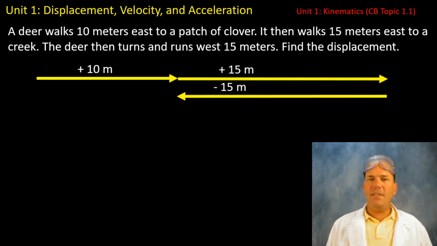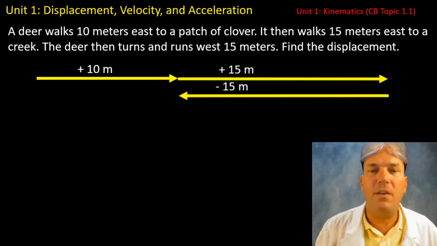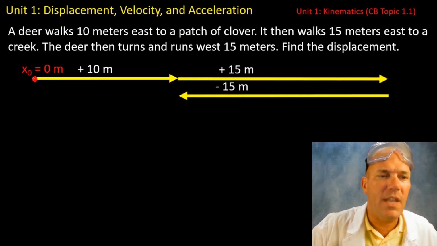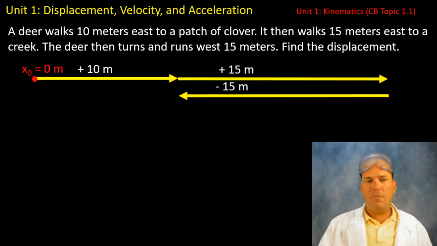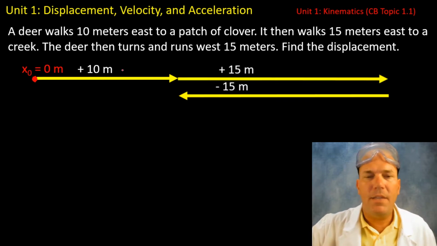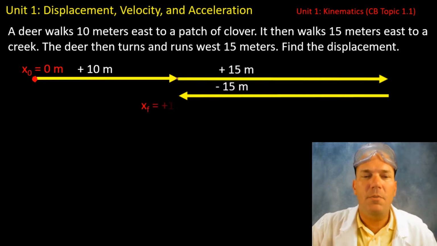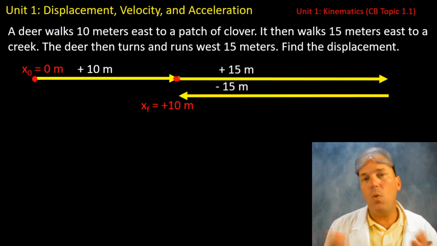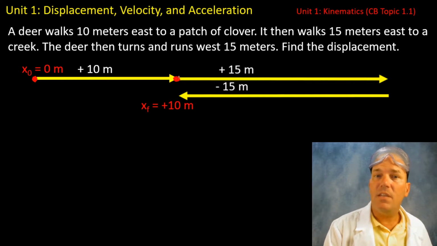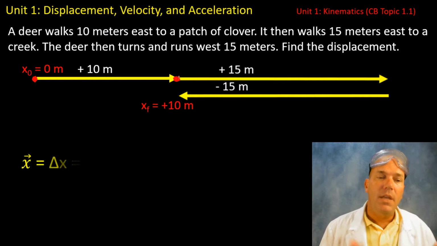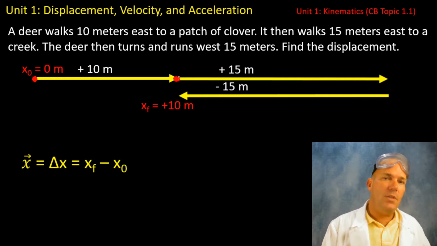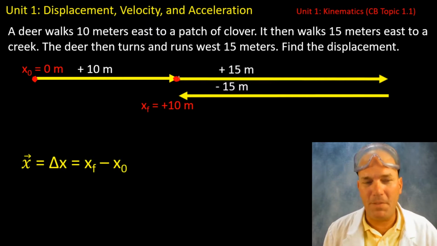So if we align these vectors and we define our initial horizontal position, or x naught, as here, where I've put the red dot, then its final position would be right here at positive 10 meters, or 10 meters east of its initial position.